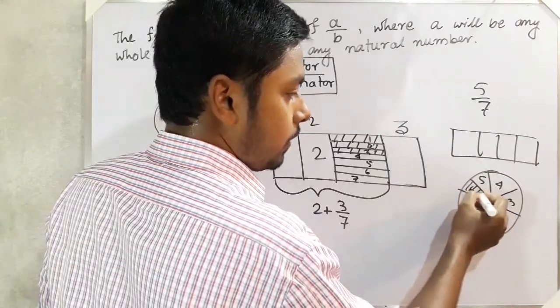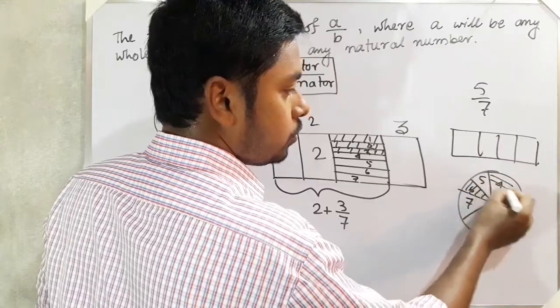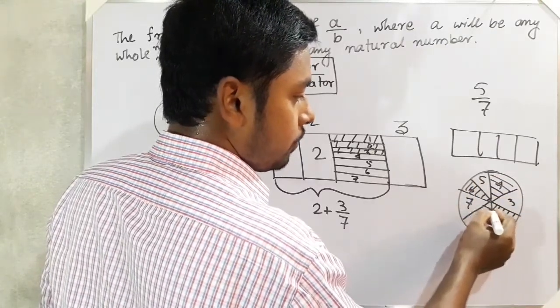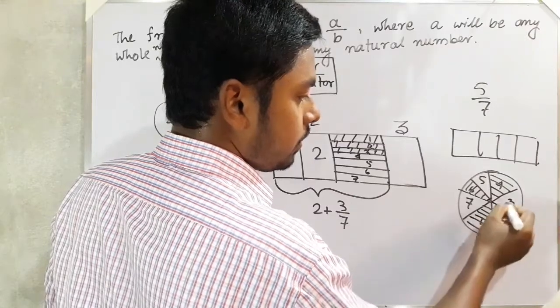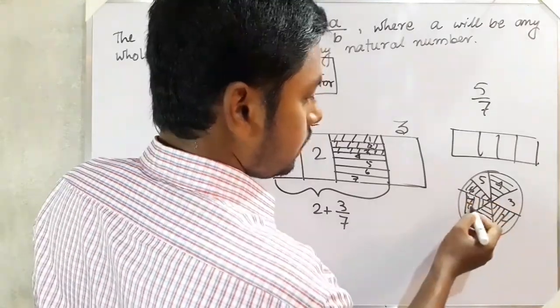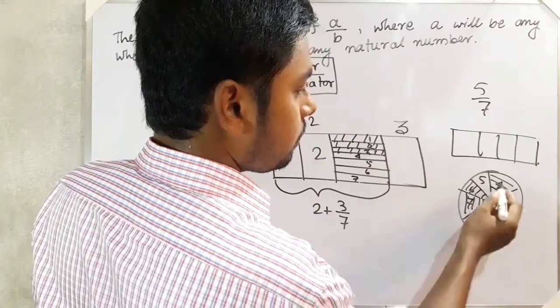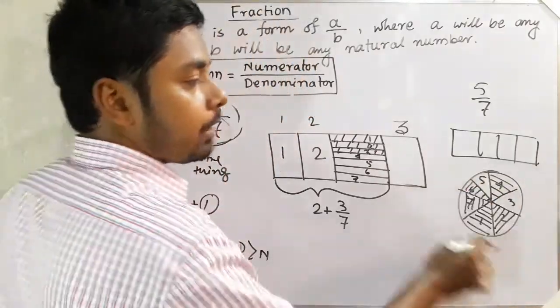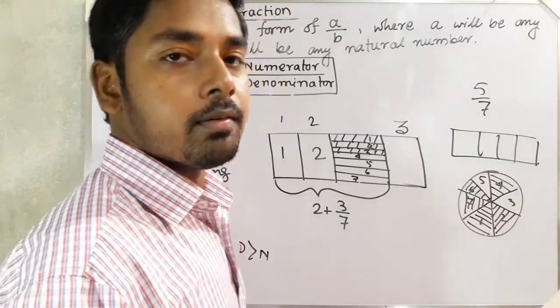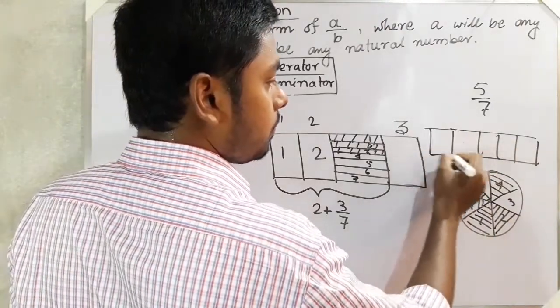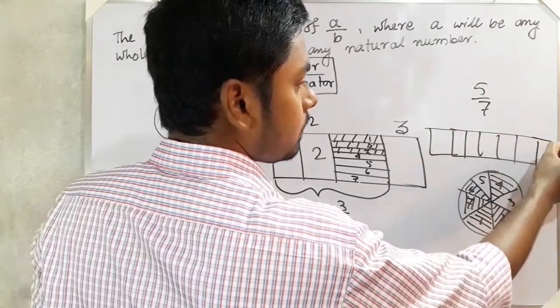So suppose 1, 2, 3, 4 and 5. Any 5 parts you can represent. Suppose here 1, 2, 3, 4, 5, 6, 7.